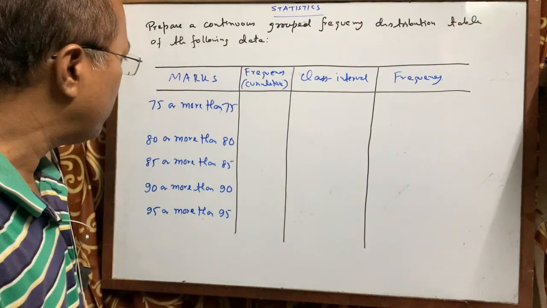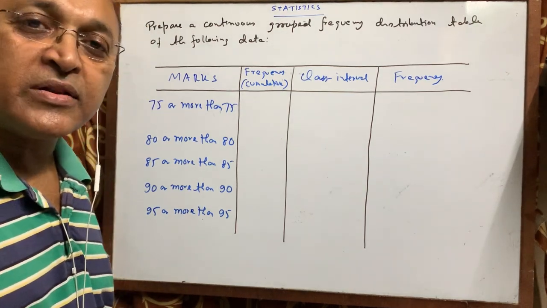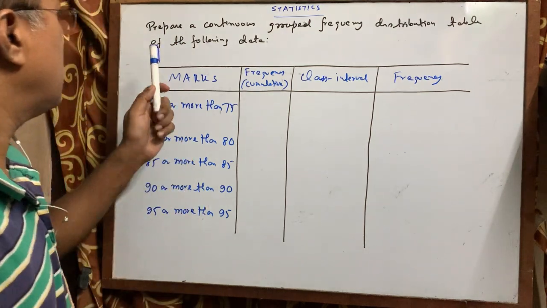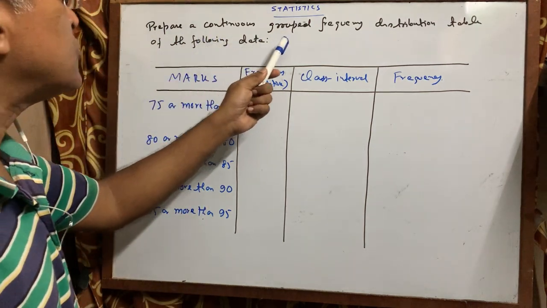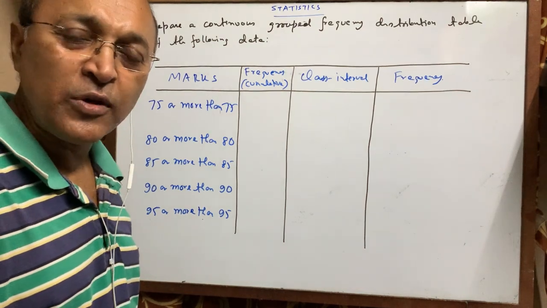Here is another problem. What is given here? Here actually cumulative frequency is given. We have to find the frequency distribution. Prepare a continuous group frequency distribution. That is, you have to find the class interval along with frequency.